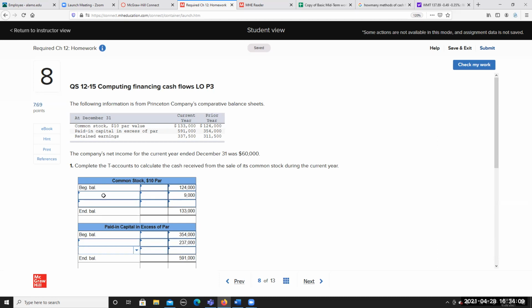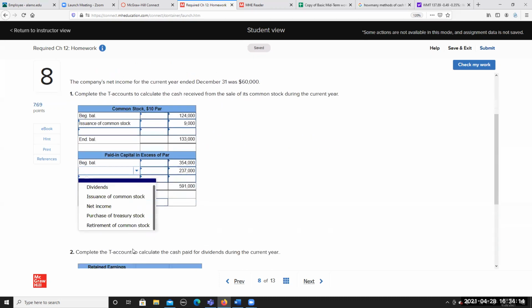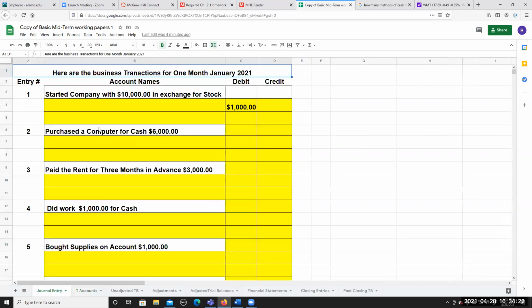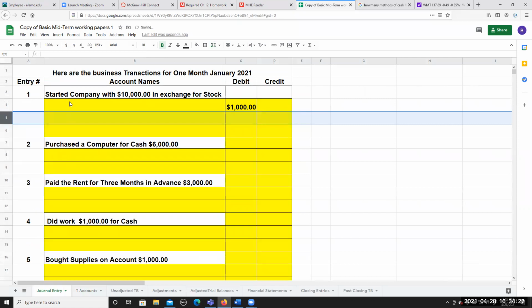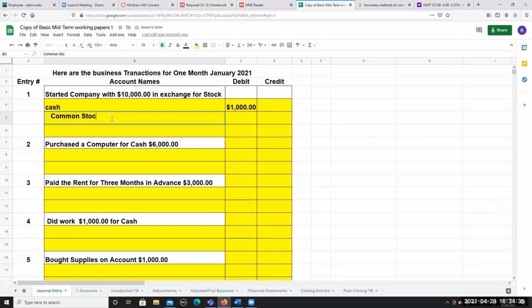So think about the journal entry. This is a sale of stock, and this is a sale of stock. So let's go back to our journal entry. Cash came in, common stock, paid in capital in excess of par.